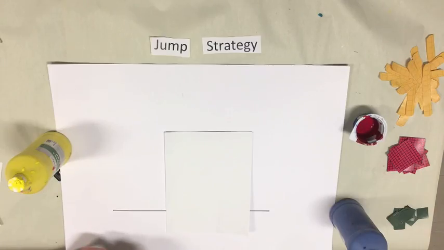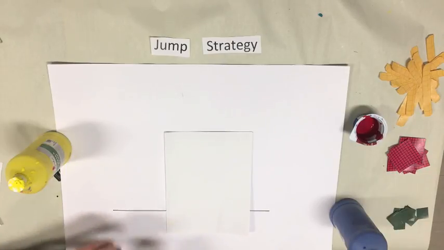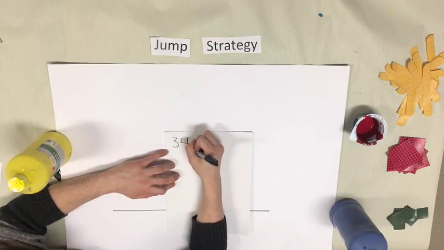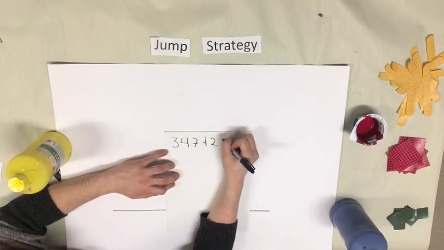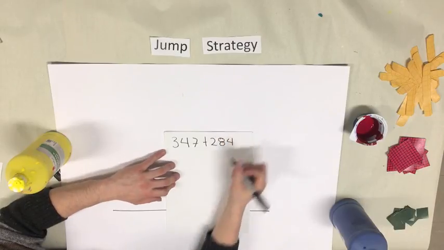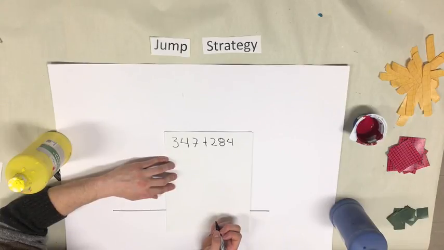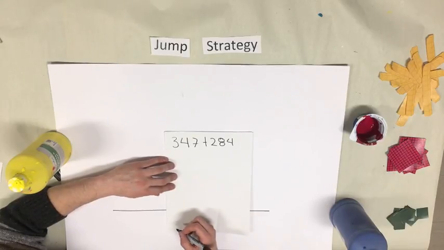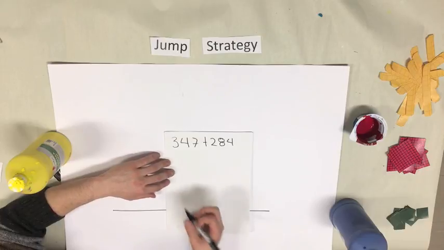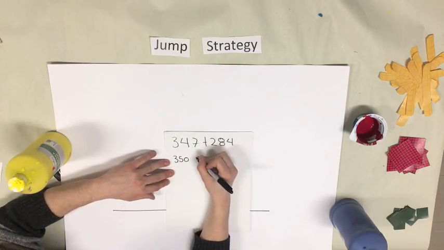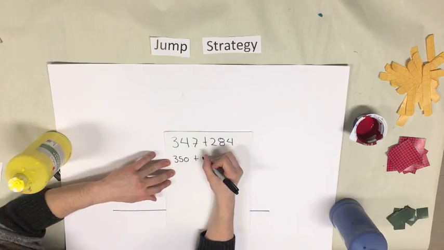Now we're going to do a new strategy for the same equation we did before, called the jump strategy. The first thing we have to do is estimate the equation we originally had, which was 284 plus 347. We're going to estimate it in a different way than we did the first time. So we're going to round 347 up to 350, and we're going to round 284 up to 285.